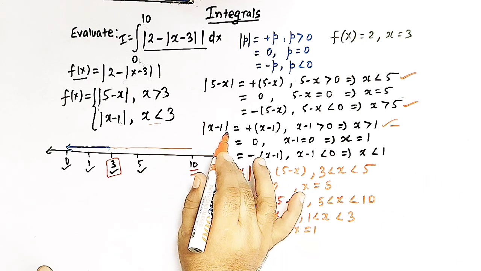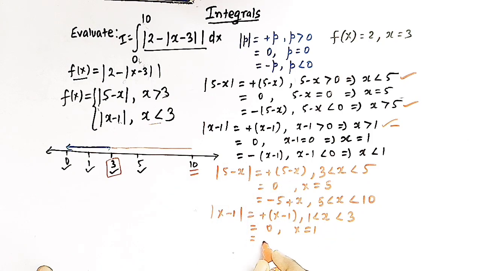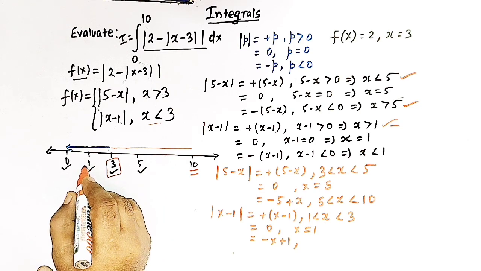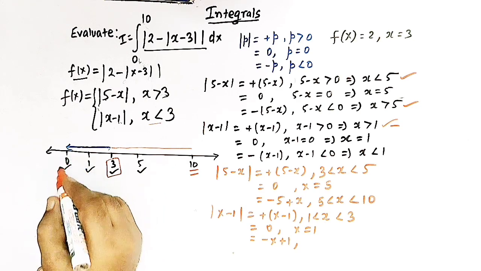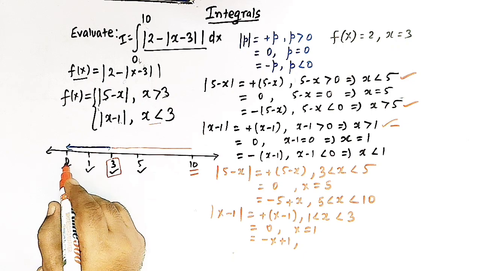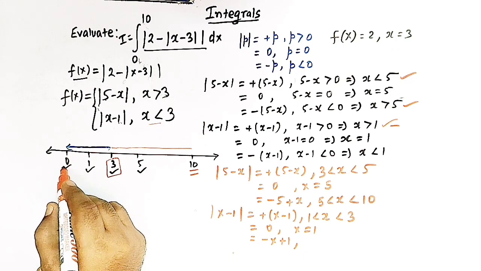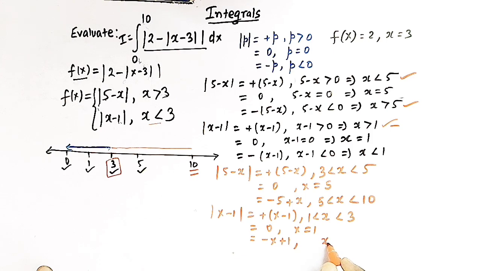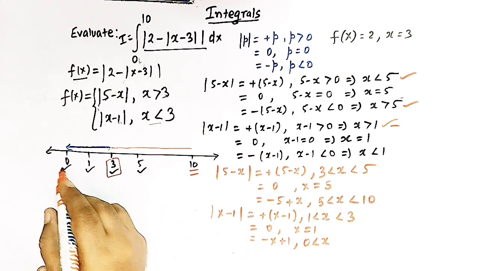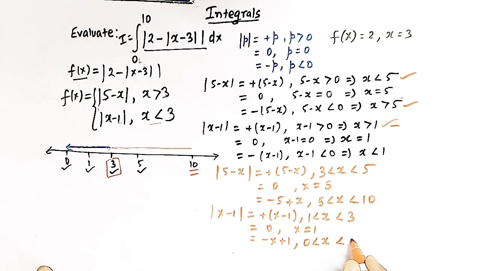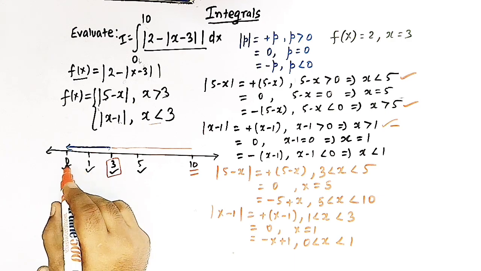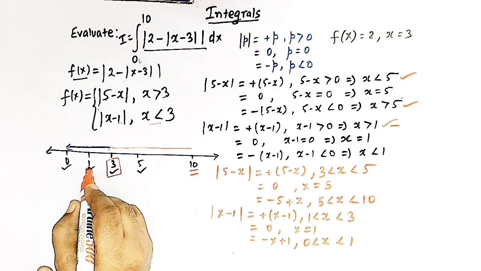And mod of x minus 1 is equal to negative x plus 1 when x is less than 1, right? So when x is less than 1, here the lower limit is 0, so we have to restrict ourselves to this point, that is x is equal to 0. So here we must write x greater than 0 and less than 1, because we have to confine ourselves to 0 and 1, right?